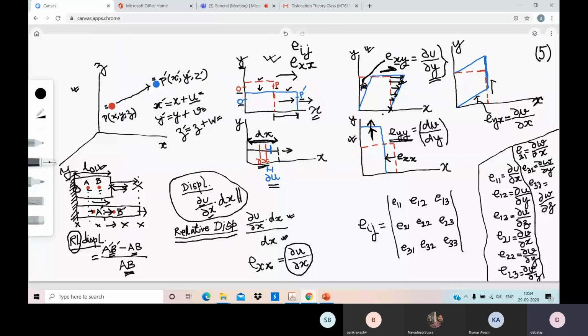So if you apply a stress, say I am writing this stress as sigma YY, sigma YY stress not only causes a strain EYY along the direction Y, but it also leads to a relative displacement EXX.